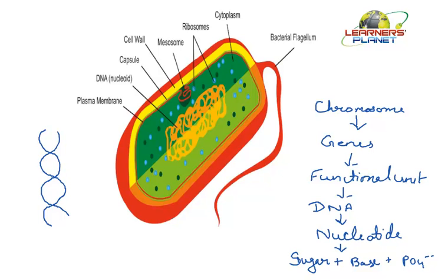Now how are these located? The phosphate group is located towards the outside of this particular chain. Then this backbone, this strand, is actually made due to the binding of sugar units. And towards the interior of the helix, in this particular gap, they have the base inside.